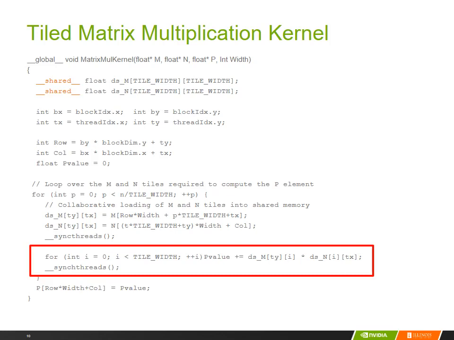So that's why this second syncthreads barrier is very important for the correctness of this tiled algorithm. Once we complete all the iterations of the phase for loop, we will come out and every thread will write its output value into the P matrix.